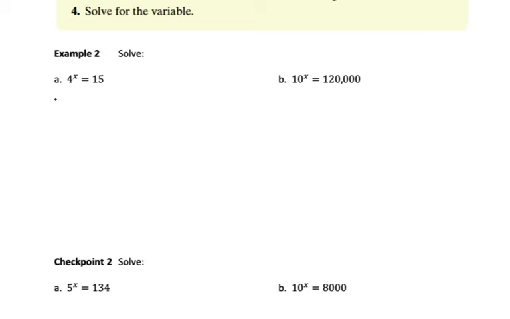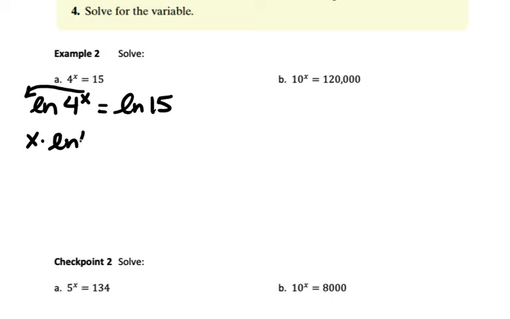So what we're going to do is take natural log of both sides. So ln of 4 to the x equals ln of 15. Now I'm going to use the power rule and move the x to the front here. So I have x times ln of 4 equals ln 15.